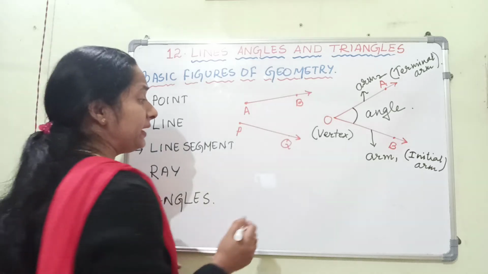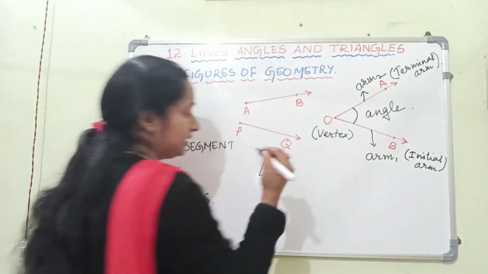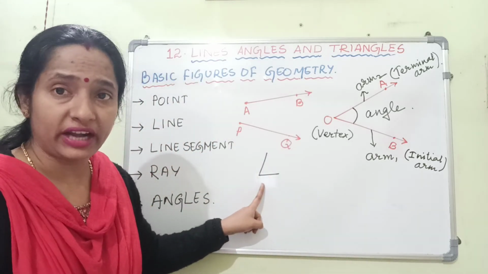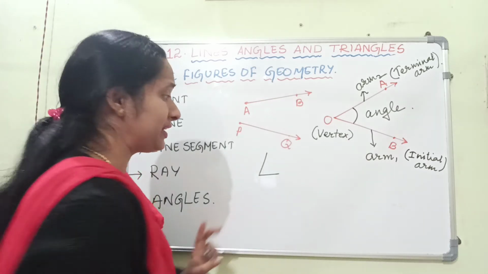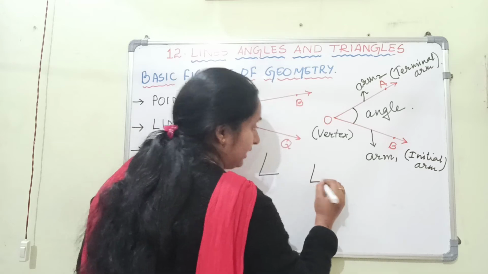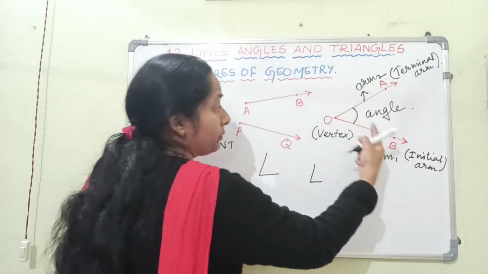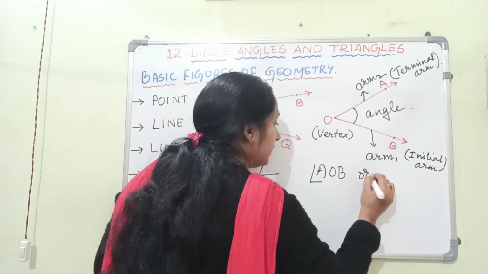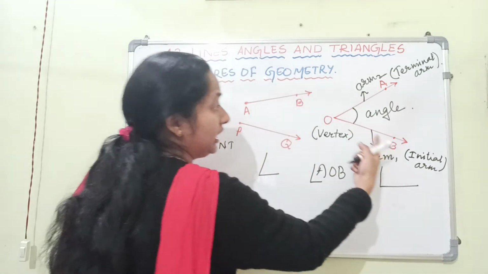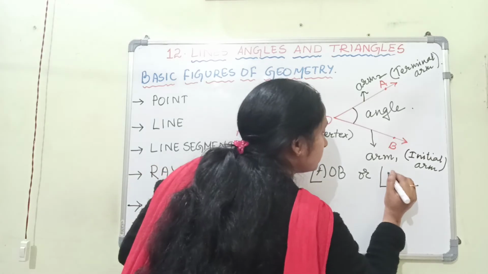So the symbol of an angle is this. This is the symbol of an angle. Now the angle which is drawn here can be represented as angle AOB or angle BOA.